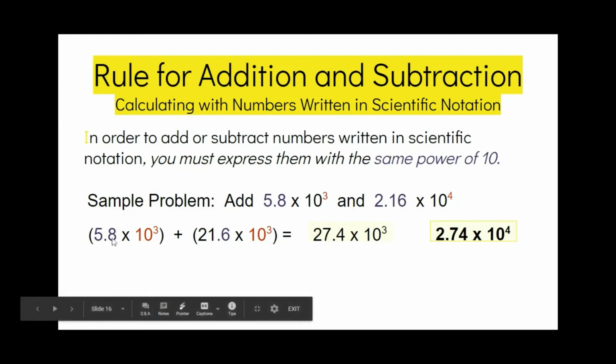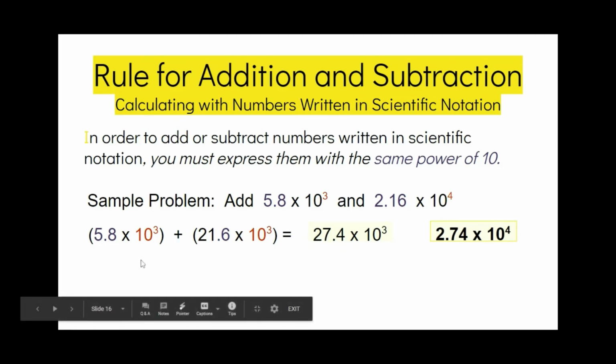So I'll multiply both of these first factors, 5.8 and 21.6, by the same power, 10 to the third. Addition and subtraction of scientific notation simply means that you'll take 5.8 and add it to 21.6. You should get 27.4.